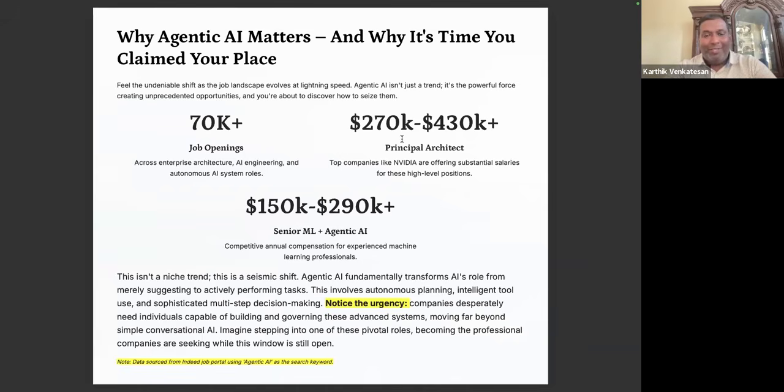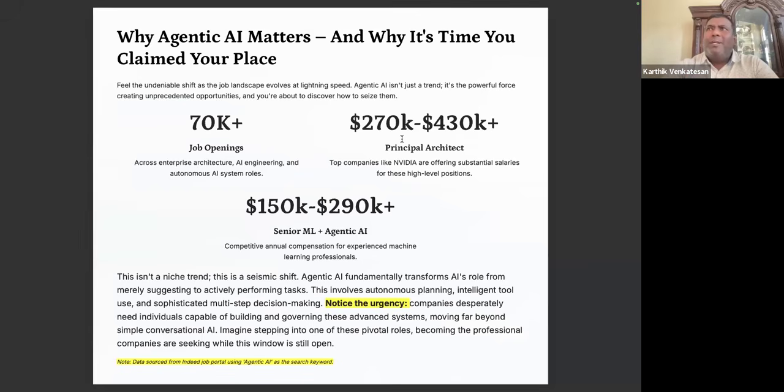He told me the same, actually. Whereas even for an AI engineer, 110 to 140, 150 is very normal. Yes, some I have seen at 70, and usually I don't think those jobs are going to get filled, because there aren't enough agentic AI engineers available in the market. That's why the rate is high.